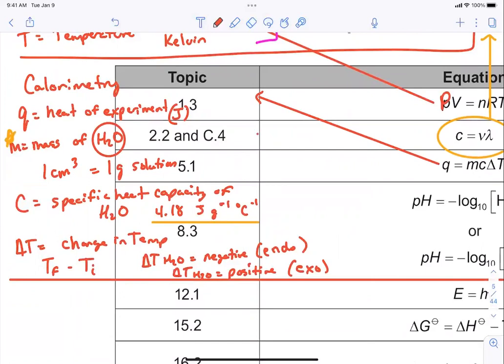Now, that also means that Q of the water is equal to negative Q of the reaction. So you change the sign if you want the Q of the reaction. And then delta H of the reaction is equal to Q of the reaction divided by moles of reactant.